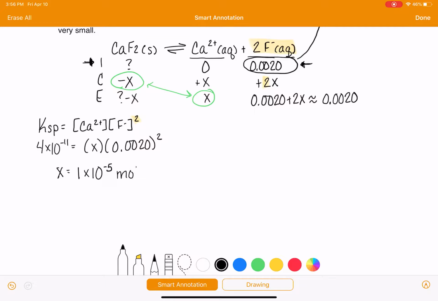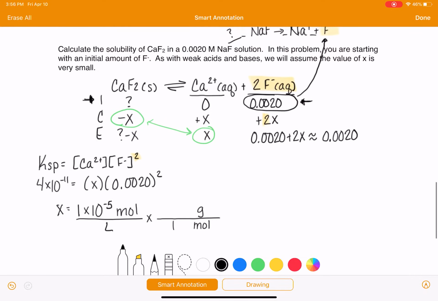And remember that these are units of molarity, because the ice table will always give us units of molarity unless we have set it up differently. The problem is asking us for solubility, not molar solubility, which means that we want to get out of the units of moles and into the units of grams, and let's go find the molecular weight.